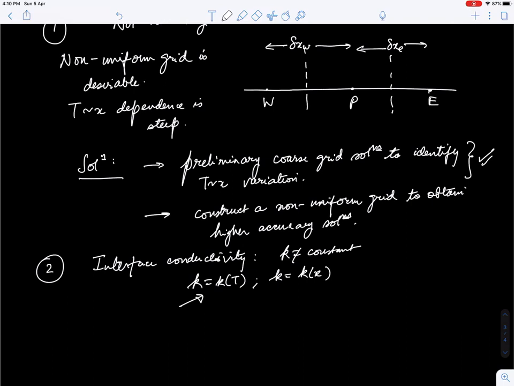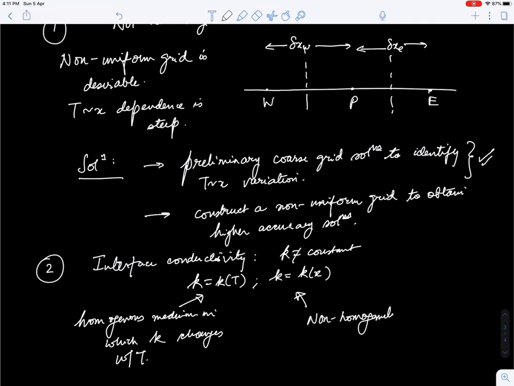So k could be temperature dependent because we can have a homogeneous medium in which the conductivity changes with temperature. And k could be varying with x because we may have a non-homogeneity in the material.